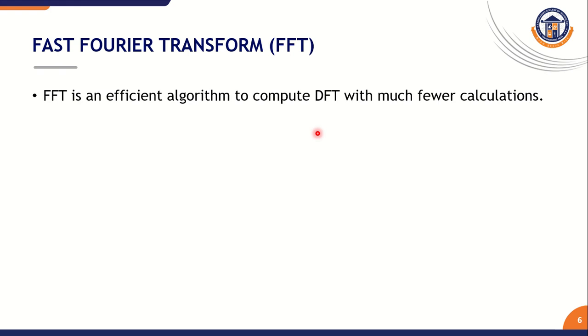What do you mean by fast Fourier transform? Although DFT is useful, it requires a large number of calculations. To overcome this drawback, fast Fourier transform is introduced. FFT is not a new transform, but an efficient algorithm to compute DFT.